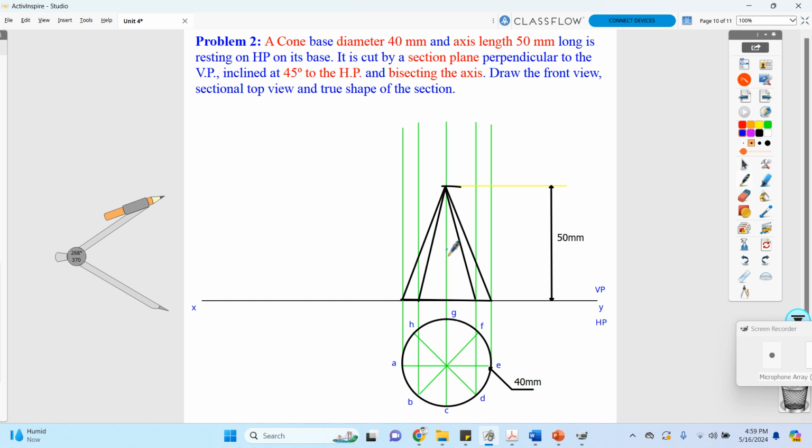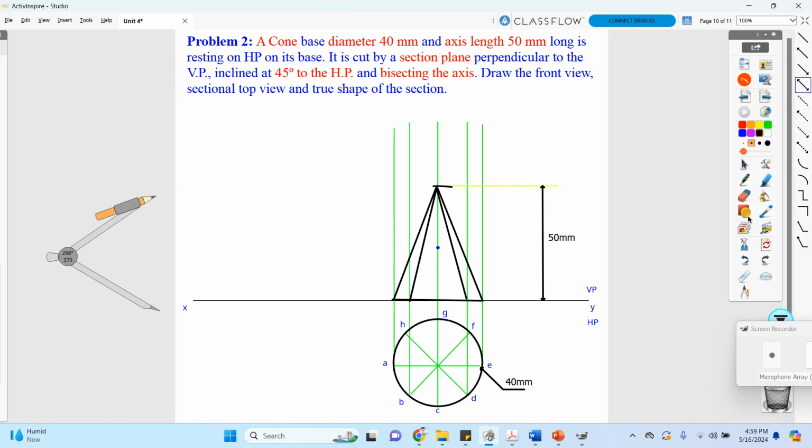I'm going to mark this as the midpoint of my cone. Okay, this is my midpoint. Now what shall we do? 50 means you will consider this as 25. I will mark that line too. From this, the dimension is how much?